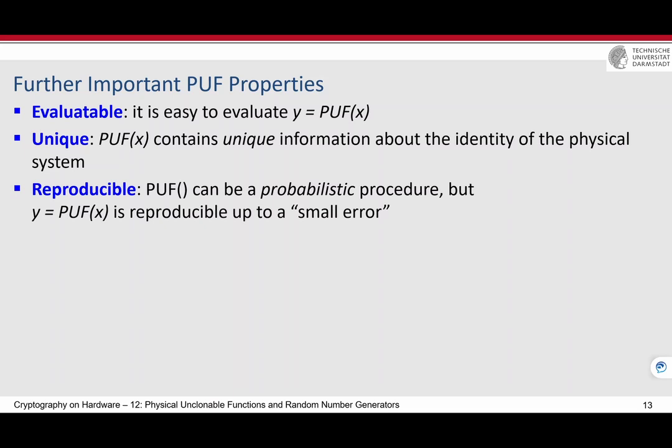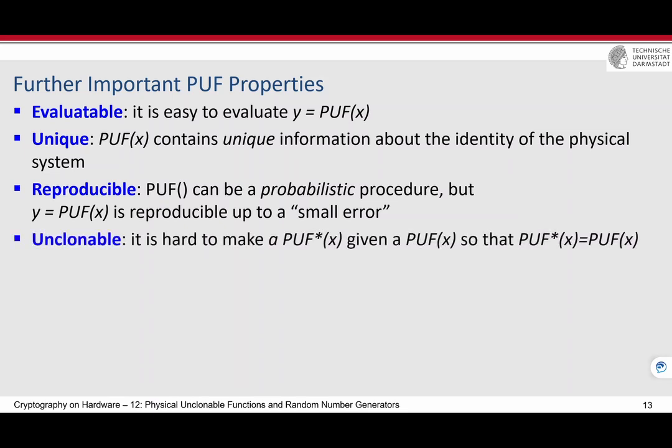It should be reproducible, which is tied to the definition that I gave before. If you give the same x, you should get the same y, but of course, as I said, not always. Most of the time you should receive the y. And it should be unclonable, meaning that you should not be able to find two paths which provide the same output given the same input.